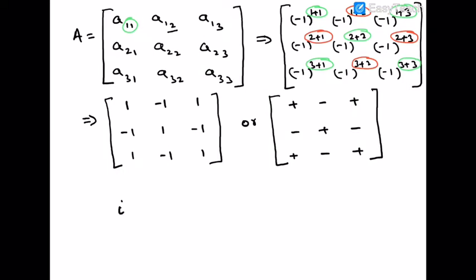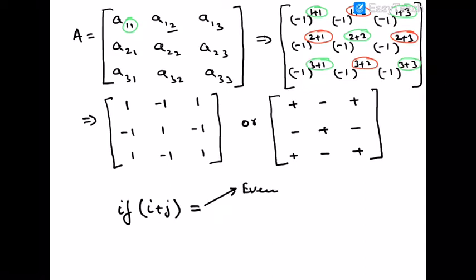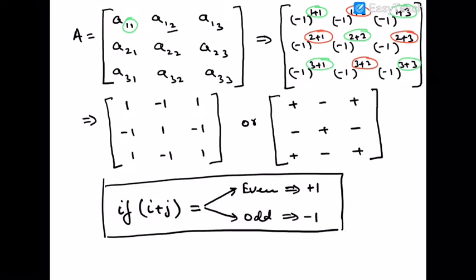So if i plus j is even, the value of minus 1 to the power i plus j is plus 1, otherwise it's minus 1. So if we remember this, then we don't need to write minus 1 to the power i plus j every time we need to find the cofactor of any element in the matrix.